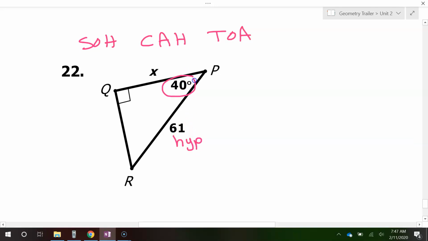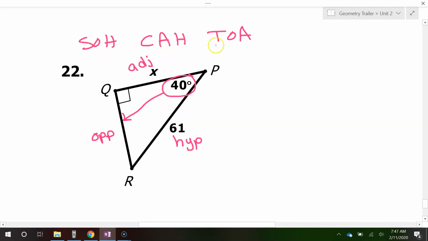Then circle the angle that you're given, draw an arrow away, and that will indicate the opposite side. That means the other side over here is the adjacent side. But which two sides are we actually dealing with? The x and the 61, that's adjacent and hypotenuse.